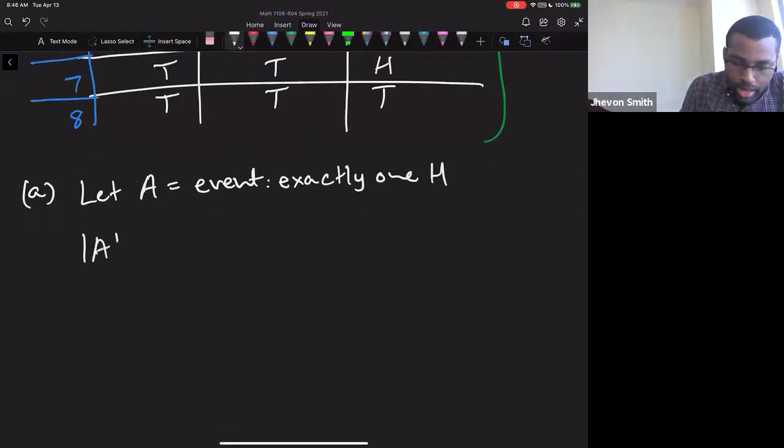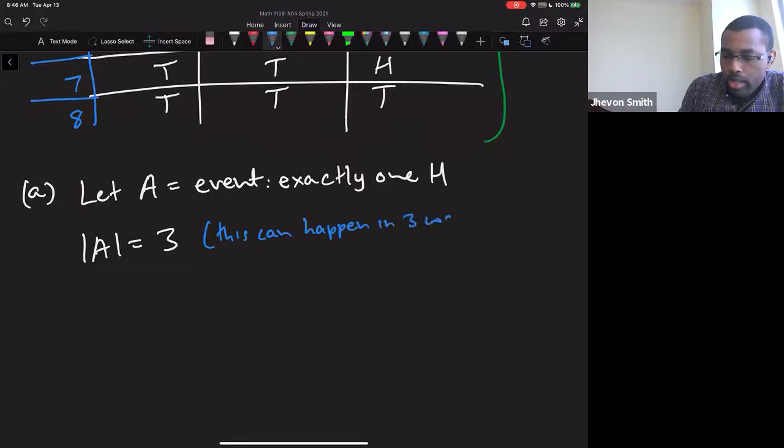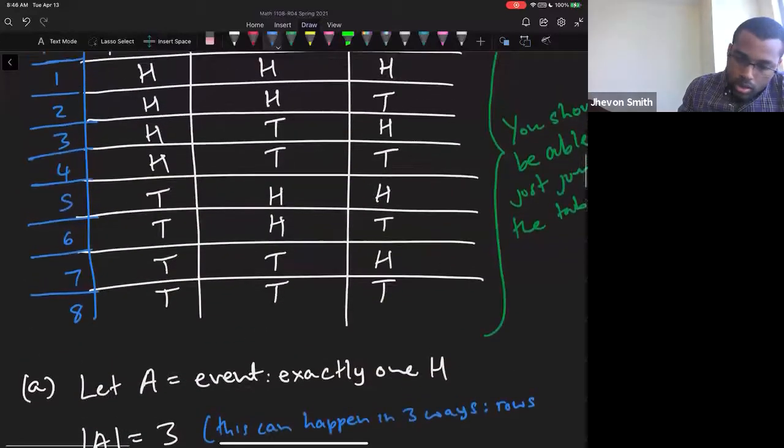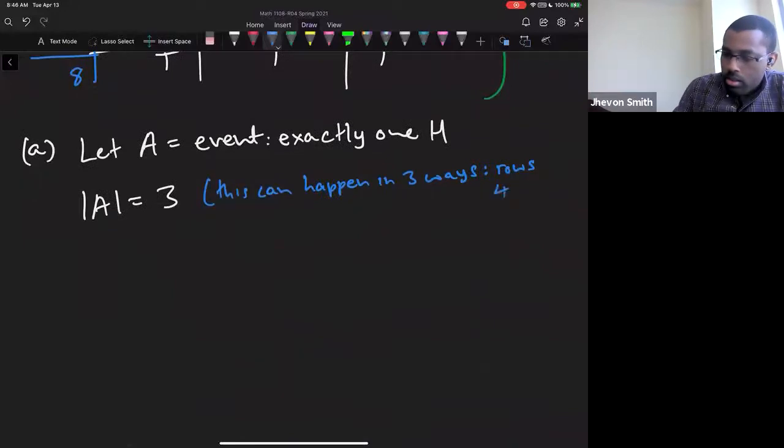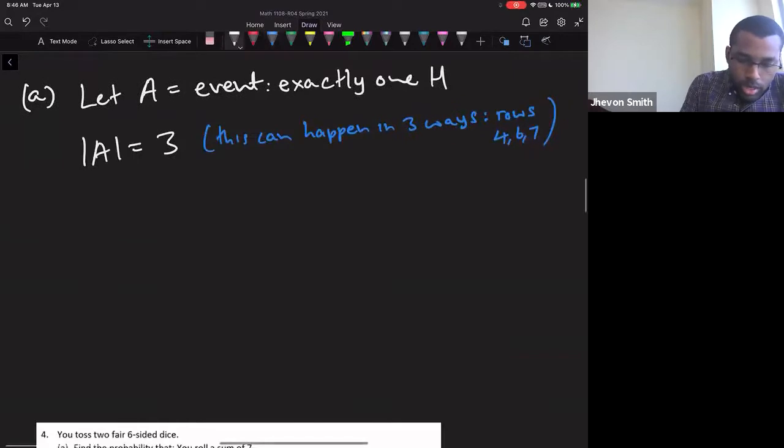Then the size of A equals 3, because this can happen in 3 ways. You can see rows 4, 6, and 7. So this means the probability of A is 3 over 8.